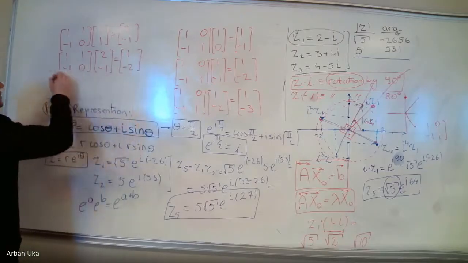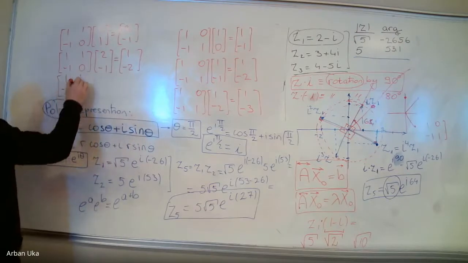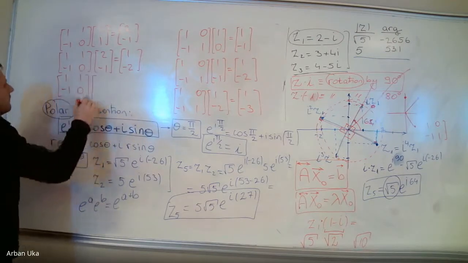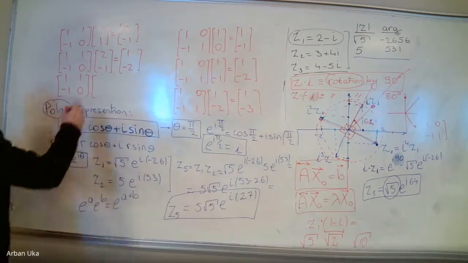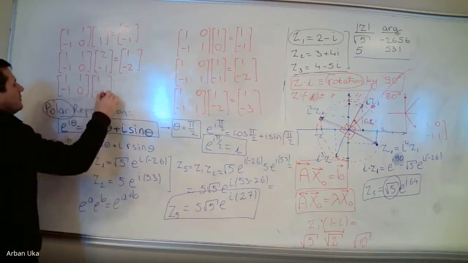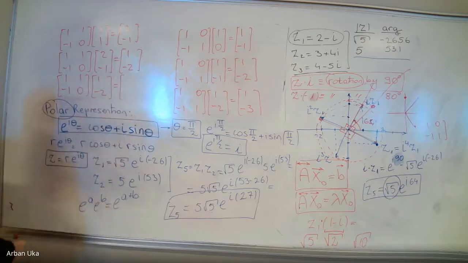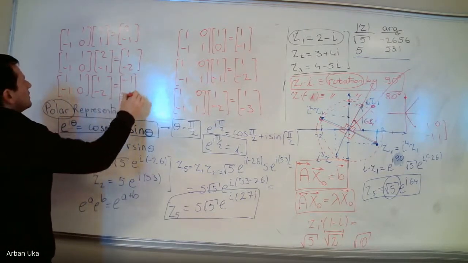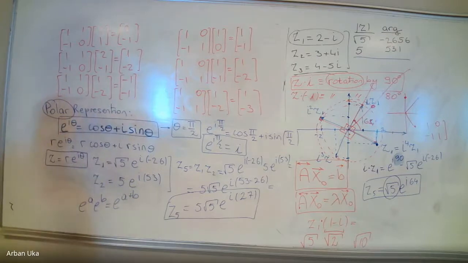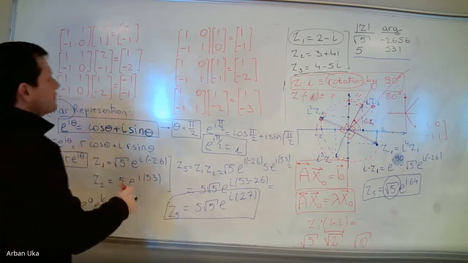No, is this correct? Can you check if this is true? This is equal to 1. 1 minus 2 is -1, -1. Okay.